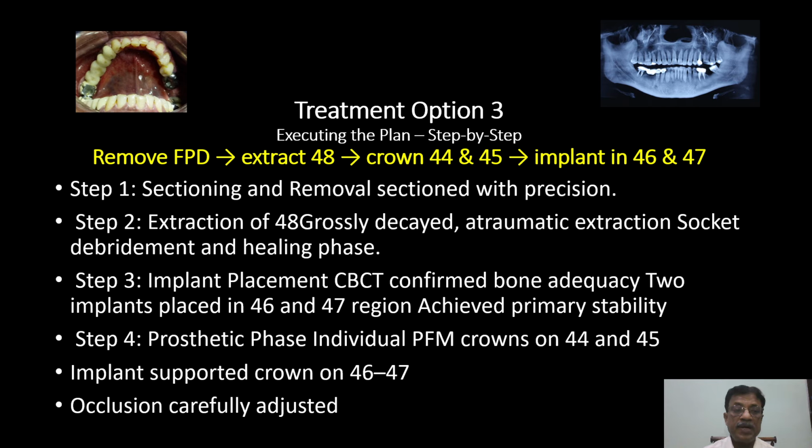This is very important. First is the successful removal of the old FPD. Step 2, extraction of the grossly decayed tooth, atraumatic extraction. Step 3, implant placement in 46 and 47 region. Step 4, prosthetic phase: PFM crown in 44 and 45 region, and implant supported crown in 46 and 47 region after placement of the PFM crown in 44 and 45.